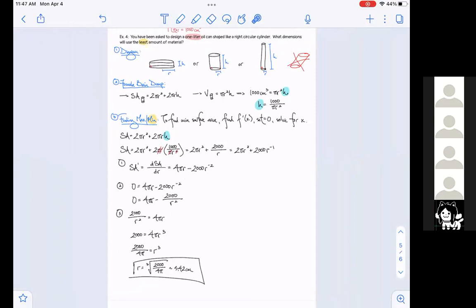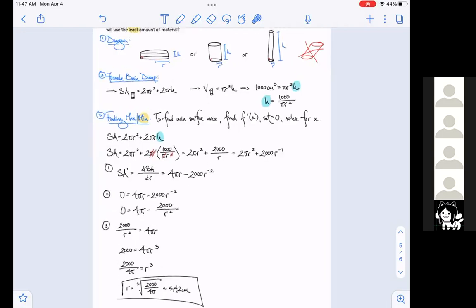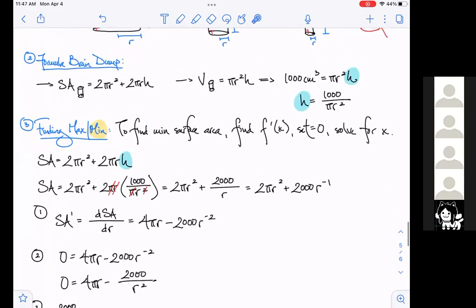Solve for h by just plugging in r. Great, where are we plugging in r? To our original surface area equals 2 pi r squared plus 2 pi r h. But you don't know the surface area. Oh, the volume. Okay, better yet, we have a formula that tells us exactly what the height is.